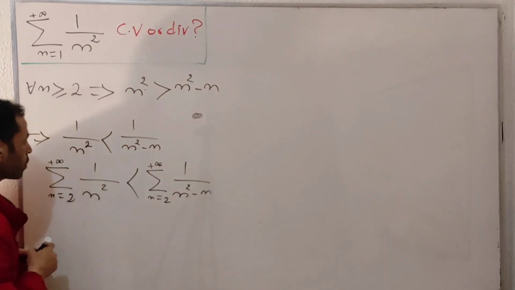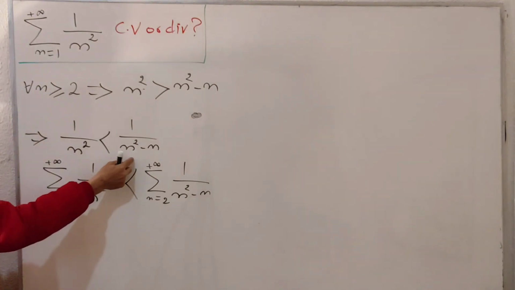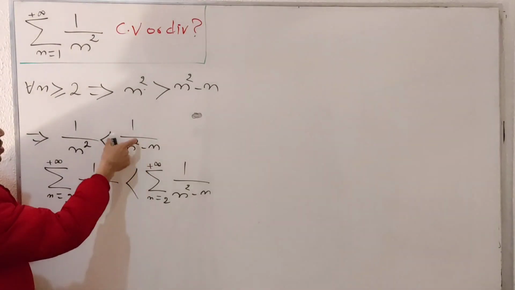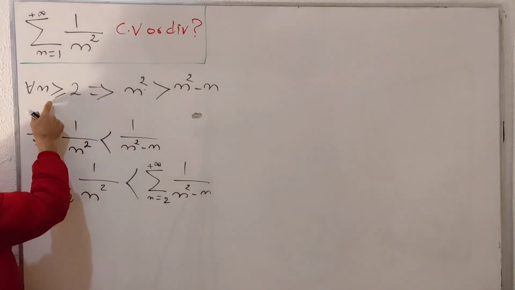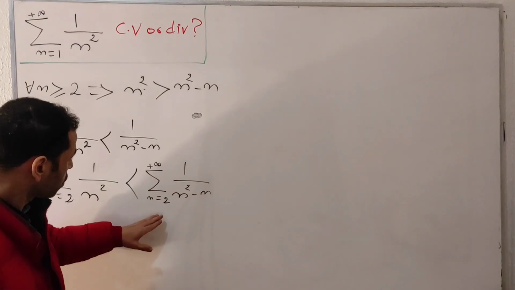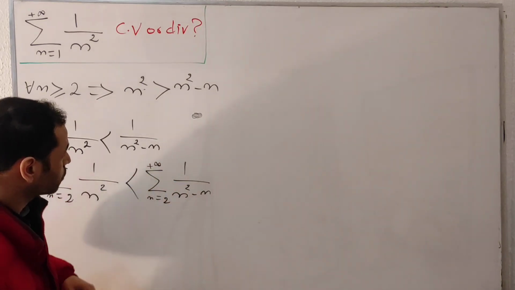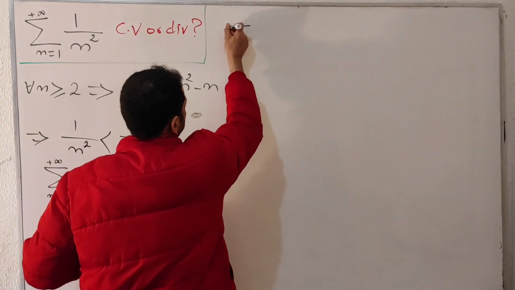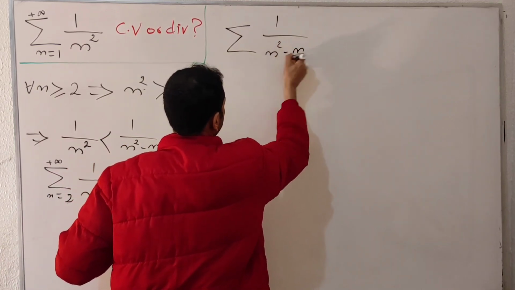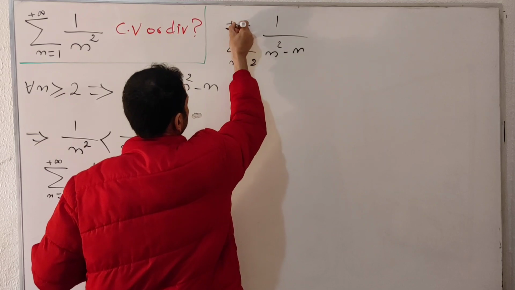We cannot apply n equals 1 because the denominator becomes 0. That's the reason why I'm choosing n superior or equal to 2. Now I'm going to evaluate this sum of 1 over n squared minus n.